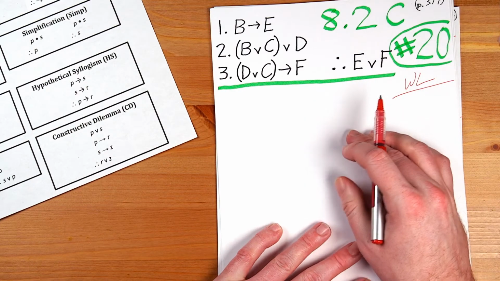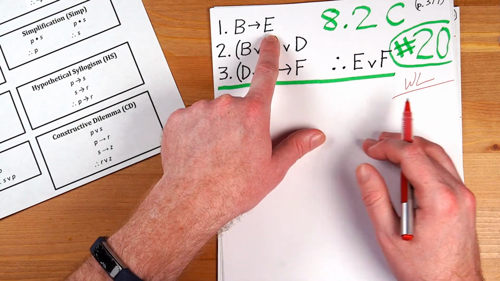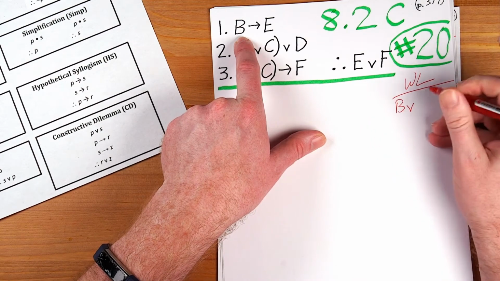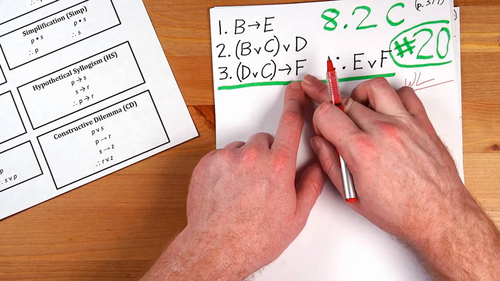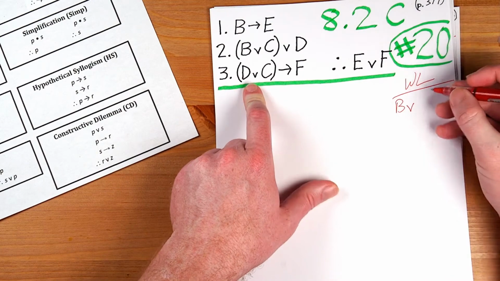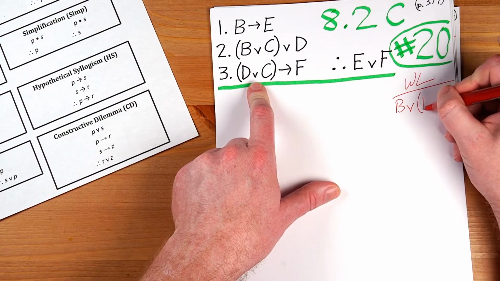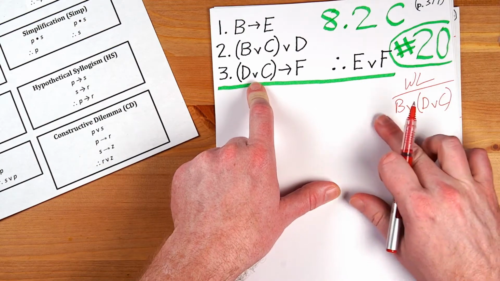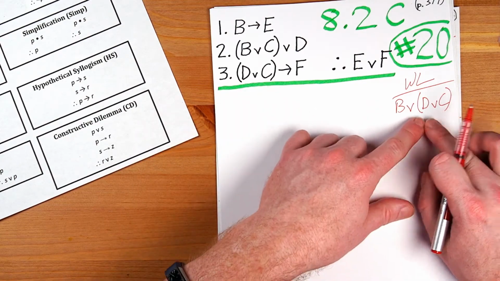Well, that would be the B on the left side of a disjunction, and then from F on the right side we need this, D or C. So this is a disjunction, right? It's complicated.